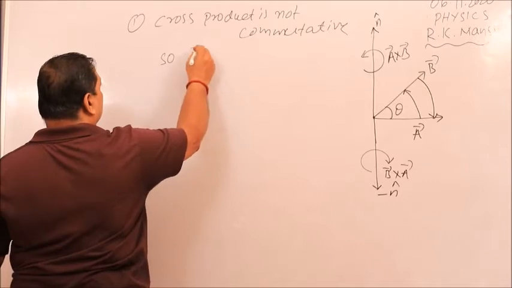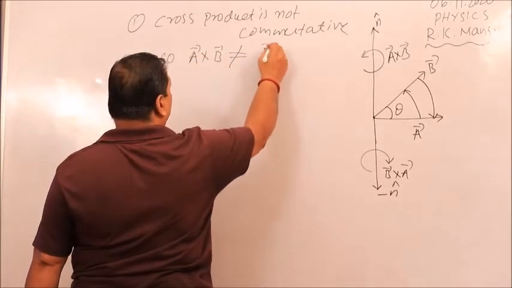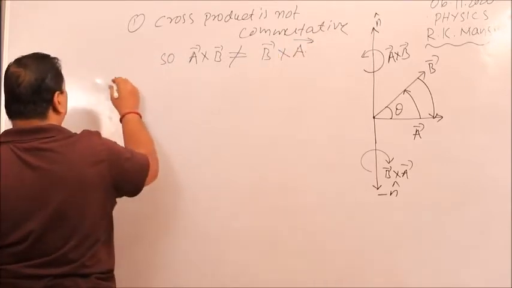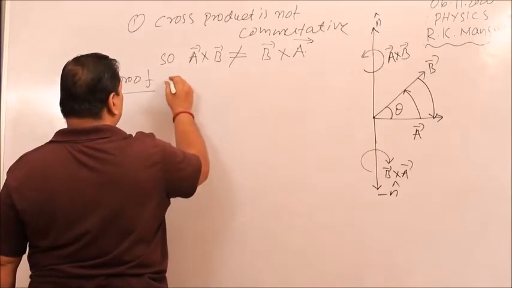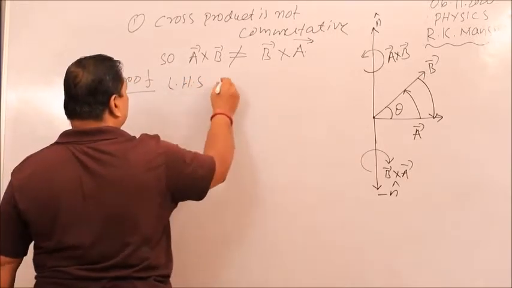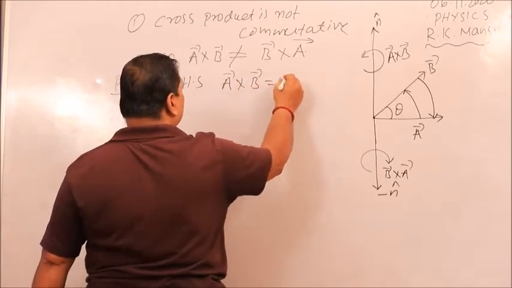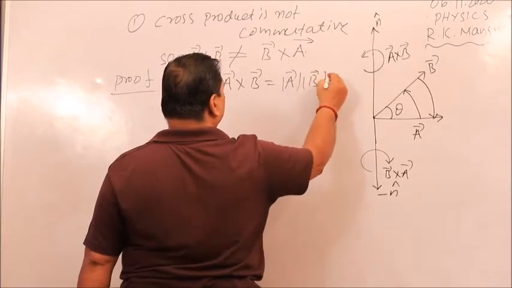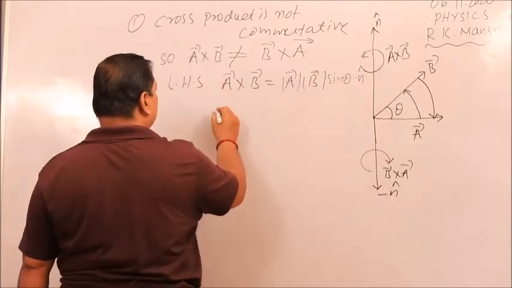So A cross B is not equal to B cross A. Proof. LHS: A cross B equal to modulus A modulus B sin theta n cap.